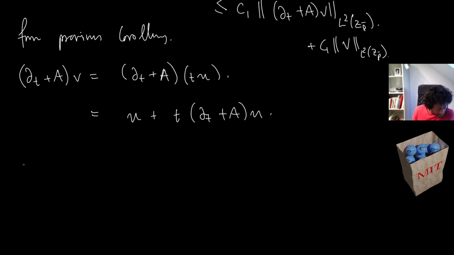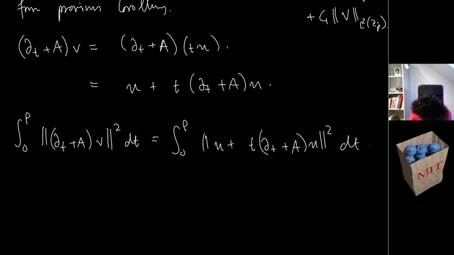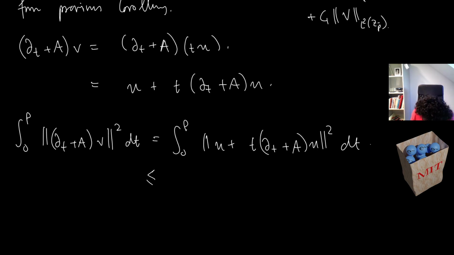So that means that the integral from 0 to rho of dt plus A of V squared dt is equal to the integral from 0 to rho of now u plus t dt plus A of u squared dt. And obviously this is now going to be less than, so what's it going to be less than? I have a t here, so I can bound that above by the rho.